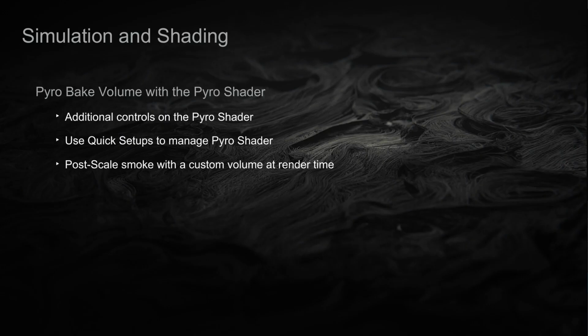The Pyrobake volume automatically comes with a Pyro shader inside of it, and this Pyro shader is referencing all the parameters on the Pyrobake volume node, therefore trying to make sure that the look you got in the viewport is matching the render look as close as possible.